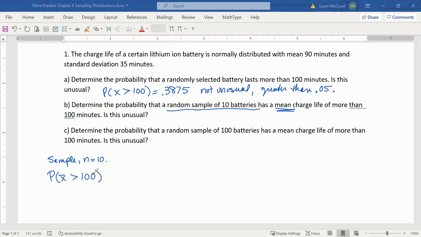Since we're looking for a sample, if I look down my formula sheet for a sample mean question, it tells me that I need to find mu sub X bar, which is the same as mu, so it's 90, and sigma sub X bar, which is sigma over the square root of n.